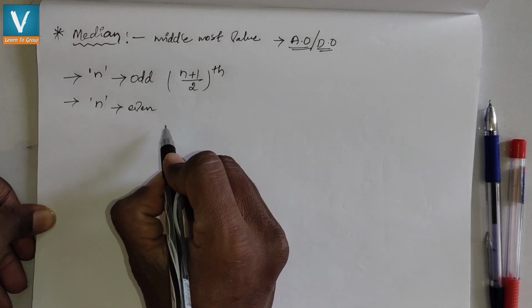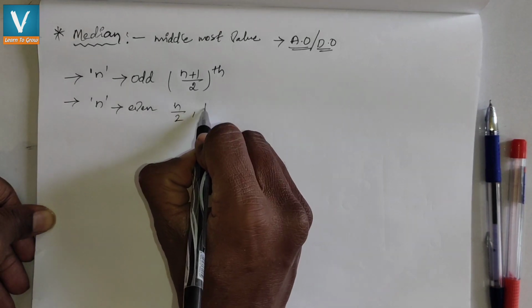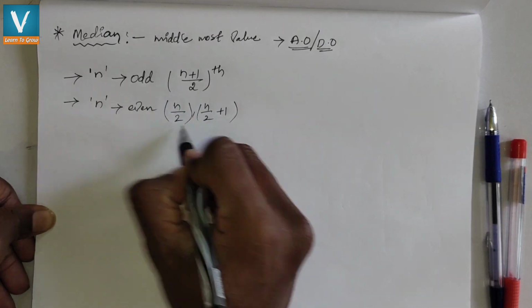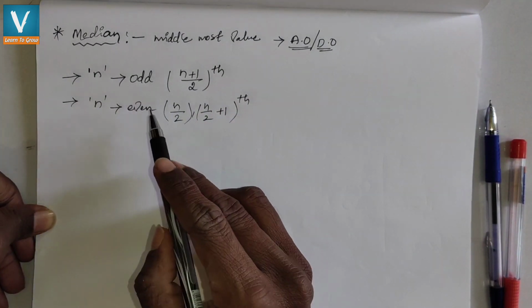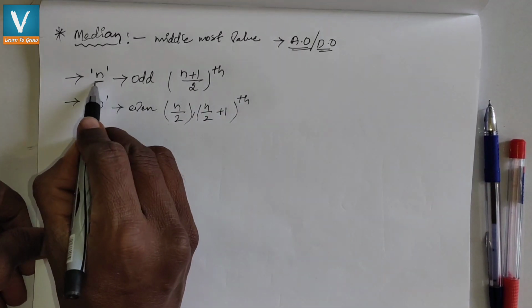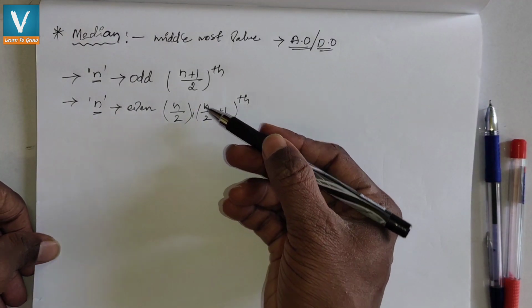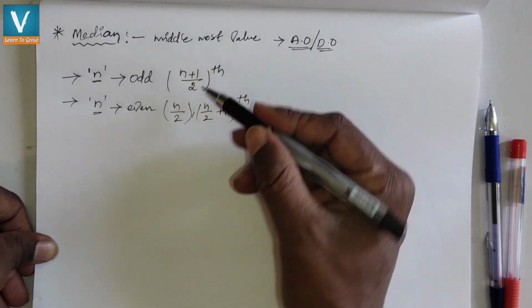If even, then we have the formula n by 2 comma n by 2 plus 1, and the average of these two will be the median of the given data. So based upon the number of observations, whether even or odd, we have to solve it. This is for ungrouped data. By taking some examples we'll understand this.